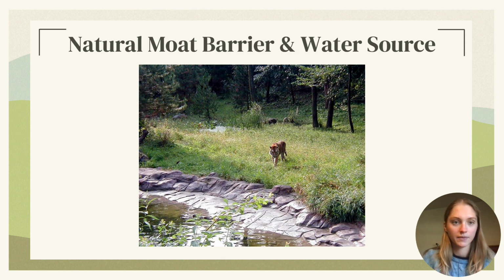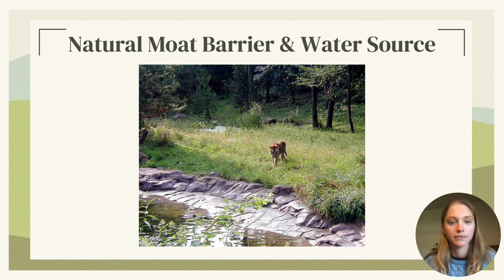Now another key component of this exhibit design is that we decided to include a moat. Now the moat's not going to be anything crazy, it's just there primarily as a water source for the animal, but also as a barrier as well. So that way we can get two things for the price of one.